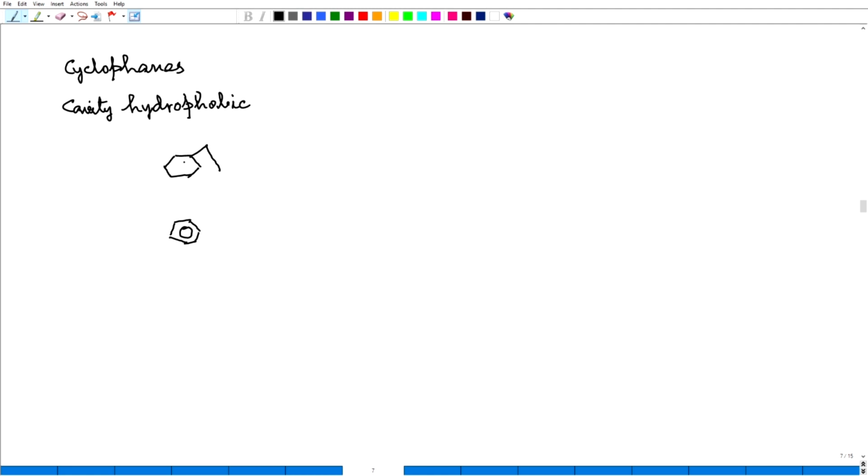But the architecture is very similar to your cryptands: it also has a cavity, and it is also bicyclic, tricyclic, and so on. Let me draw this.